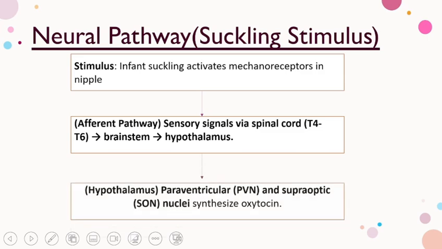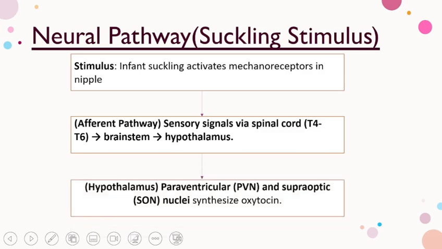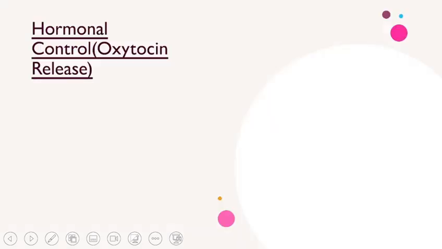And next we see that the hypothalamus consists of many nuclei. The paraventricular and supraoptic nuclei of the hypothalamus mainly synthesize oxytocin and other hormones that are secreted with the help of the posterior pituitary.